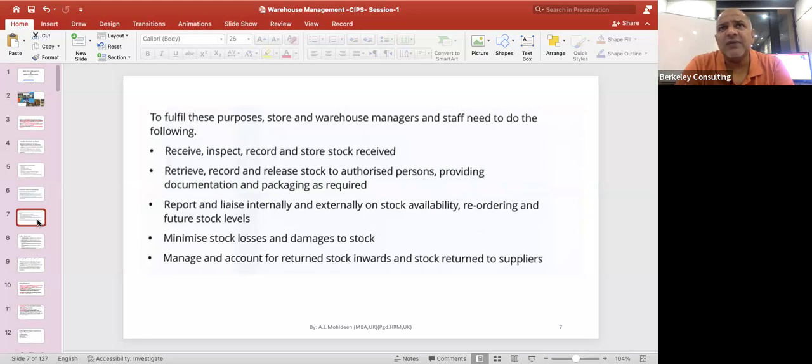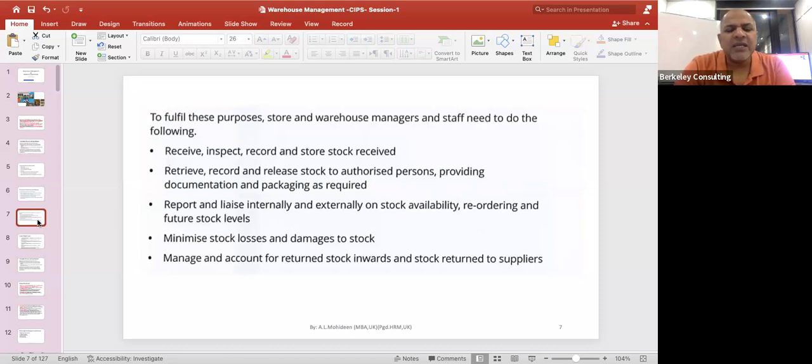Once we place the order, the time gap until we receive the order is what we call lead time. During the lead time there is a possibility of shortage. To avoid this, you have to maintain the stock level and minimize stock losses and damages.